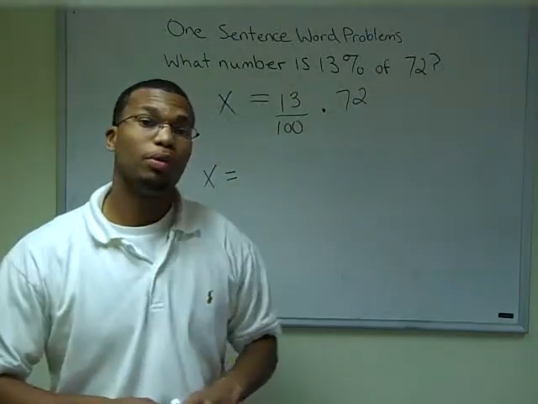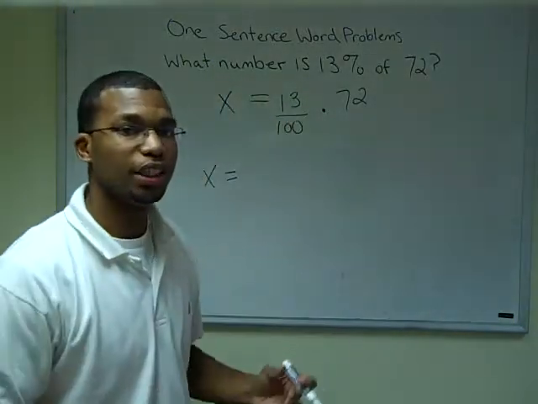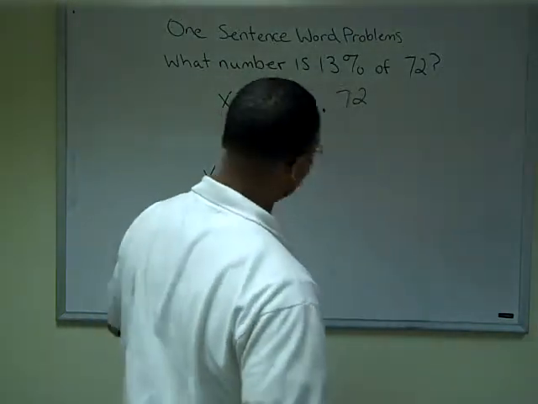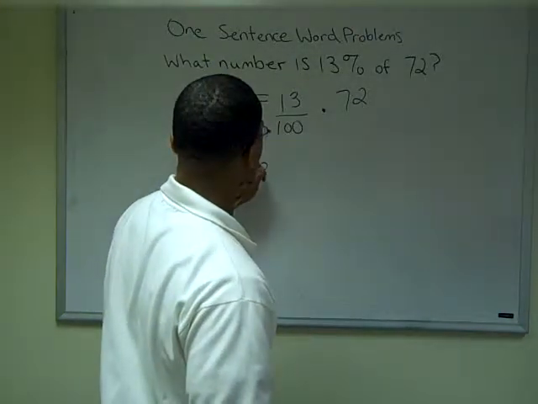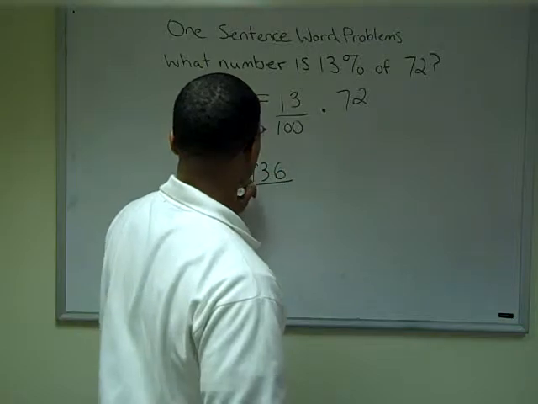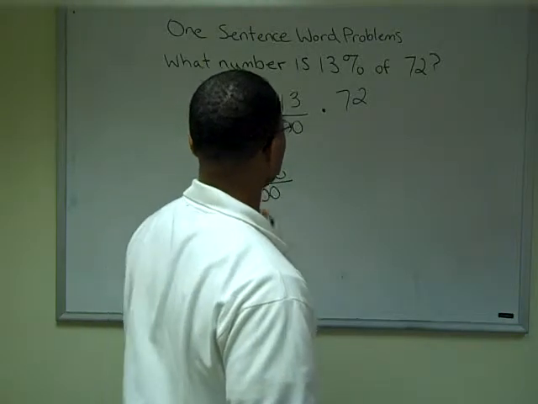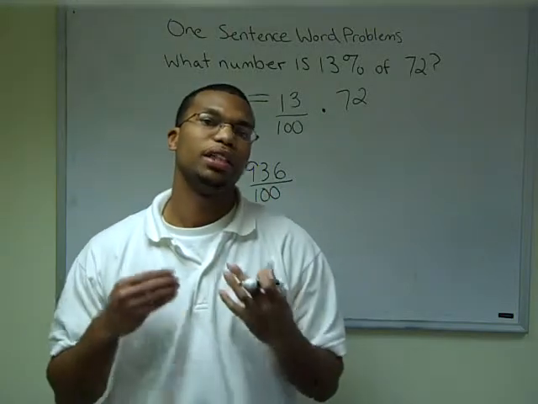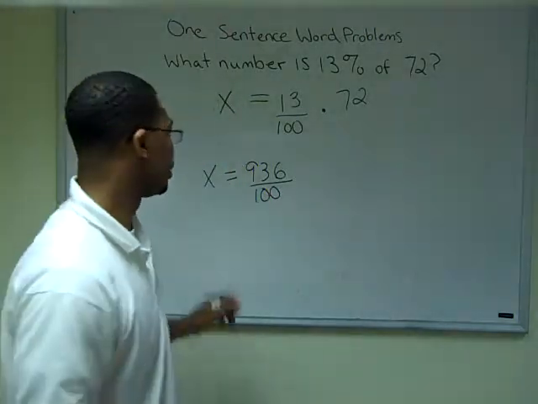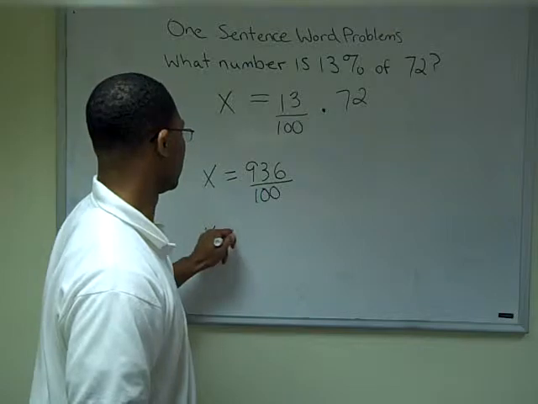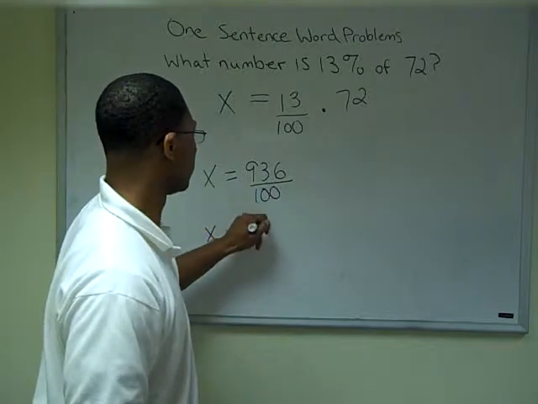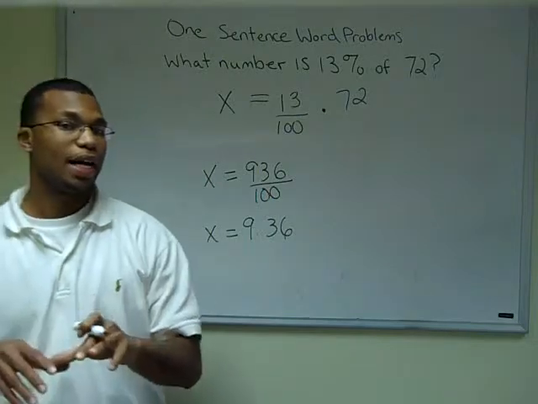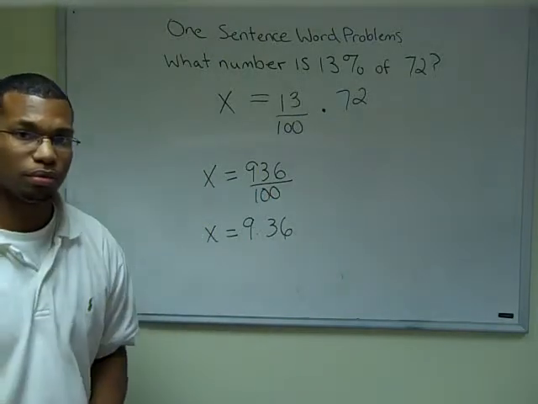In this problem, we will combine the 72 and 13. So we'll do 13 times 72. And 936 over 100 is 9.36. So our missing number is 9.36.